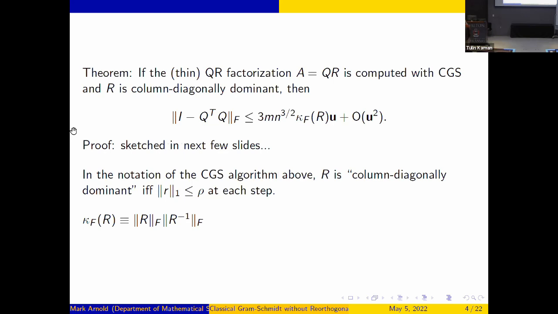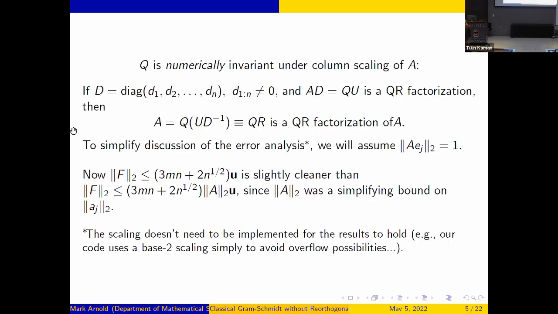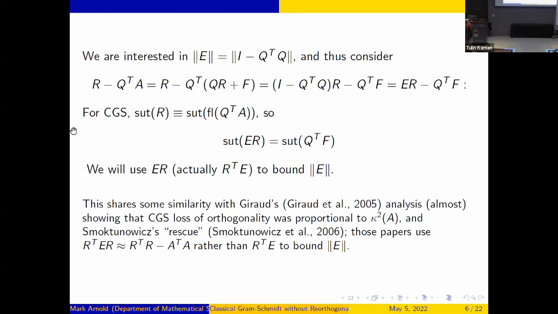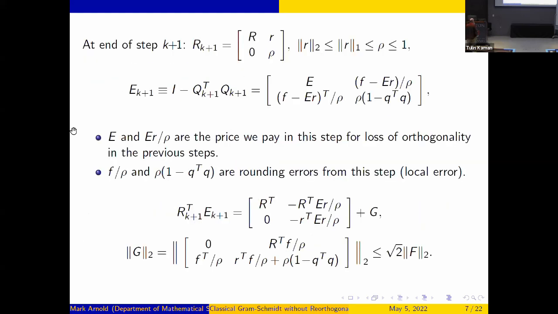And then I made it more confusing by dropping the subscripts here. I thought it was way too busy to have RK and little rk, the subscripts on those. But EK is this guy, so it's K by K.